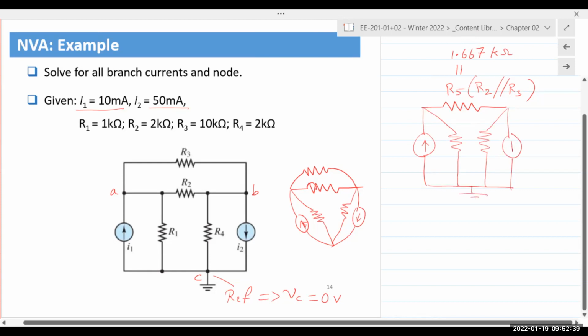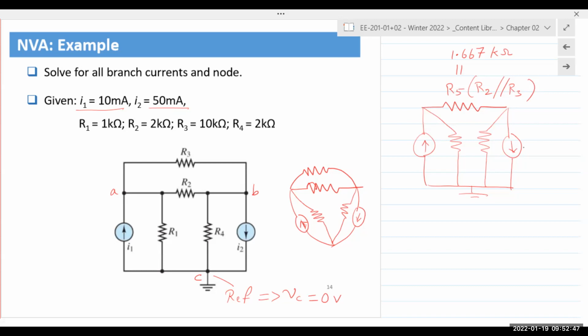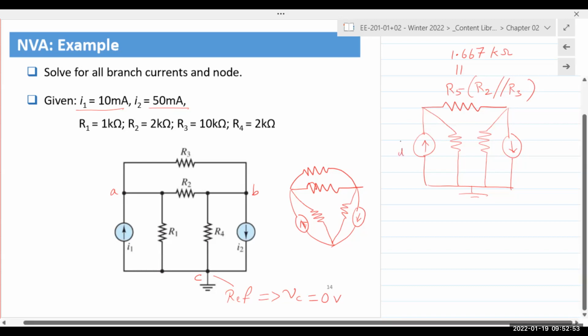Now, I want to assume a direction of the current, but I particularly like this problem because you will see the answer is going to be a little different. In this case, I1 is going up and I2 is going down. So it makes logical sense to choose IR5 as going from left to right.